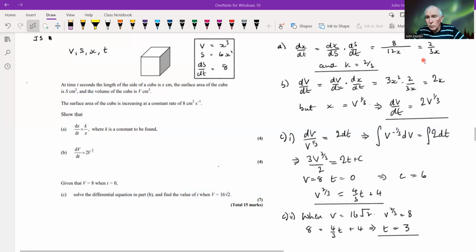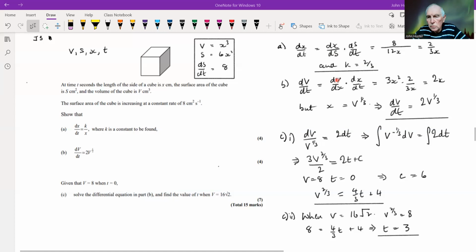Okay, so pretty straightforward. I've done it more or less on one line here. And then part B, dv/dt: show that dv/dt equals 2 times v to the power of 1/3. Okay, so the same thing. We write out dv/dt, and now we know what dx/dt is.